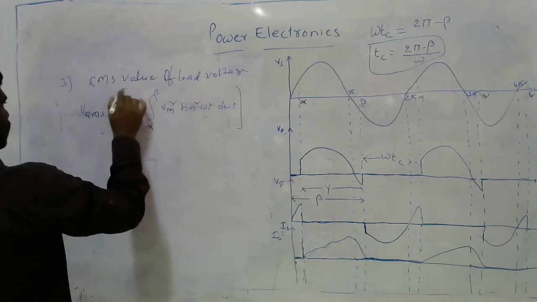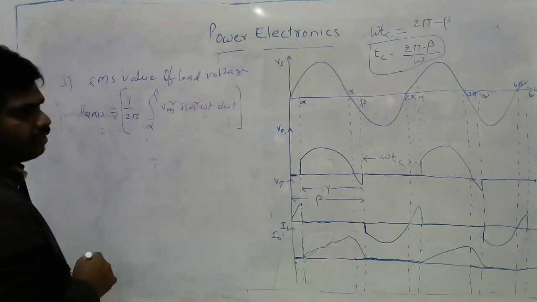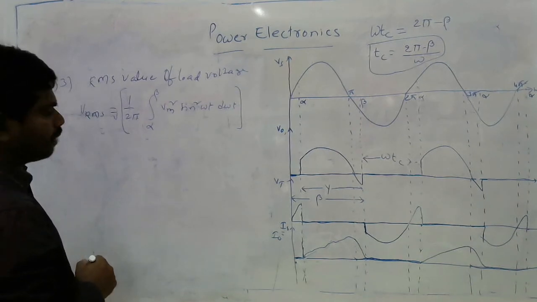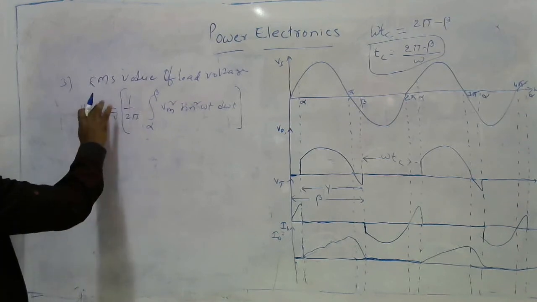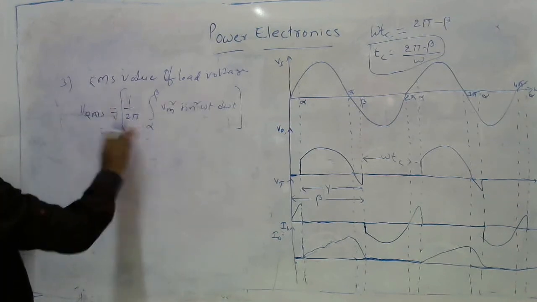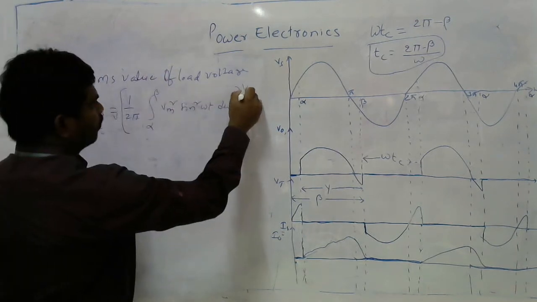So this is under root Vrms square. Using the Pythagoras theorem, we have one equation, and bringing the square value to this side, this becomes 1 by 2.